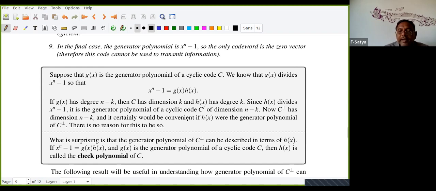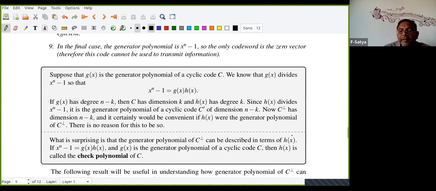It would certainly be convenient if h of x were the generator polynomial for C perp, but there is no reason for this to be so. What's surprising is that the generator polynomial of C perp can be described in terms of h of x. That is the reason h of x is called the check polynomial or parity check polynomial of C.